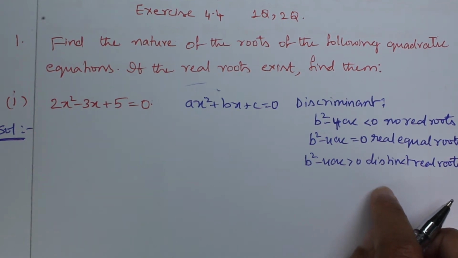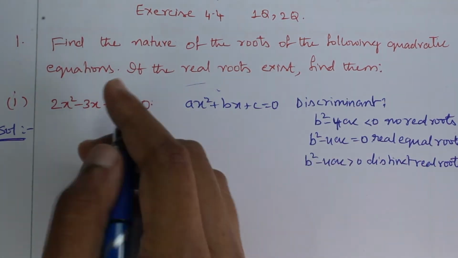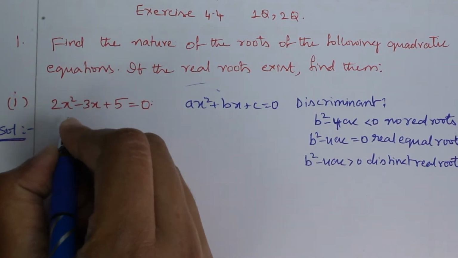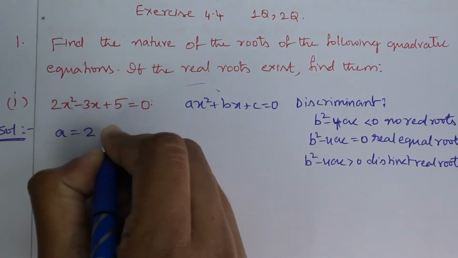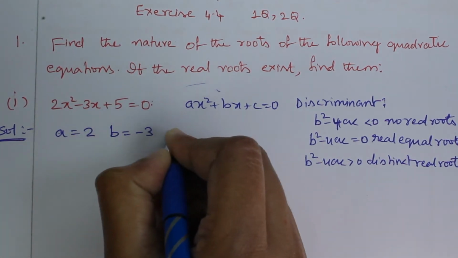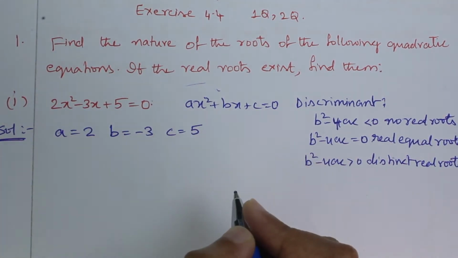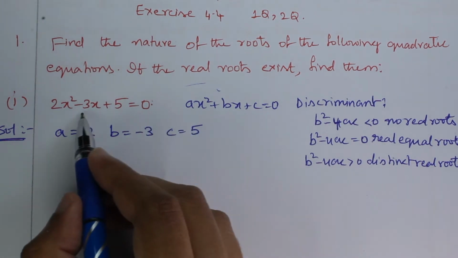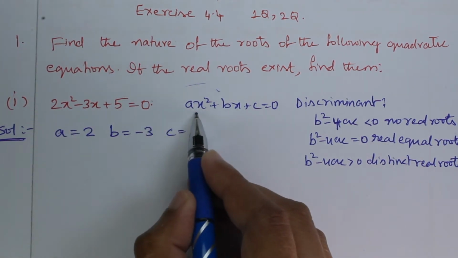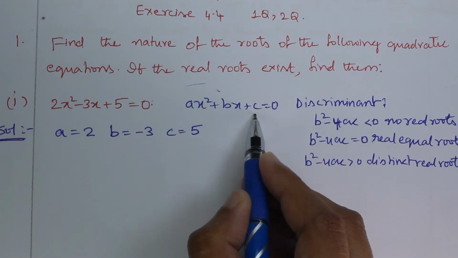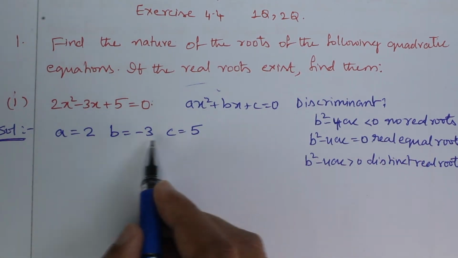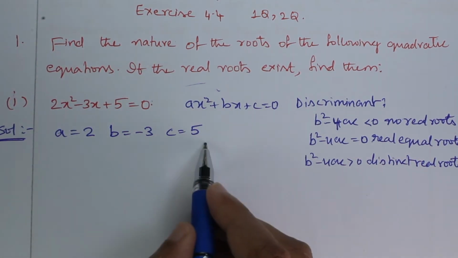So let's calculate the b square minus 4ac value for this equation. Here a value is 2, b value is minus 3, c value is 5. If we assume this equation to be in the form of ax square plus bx plus c, then the values of a, b and c are respectively 2, minus 3 and 5.